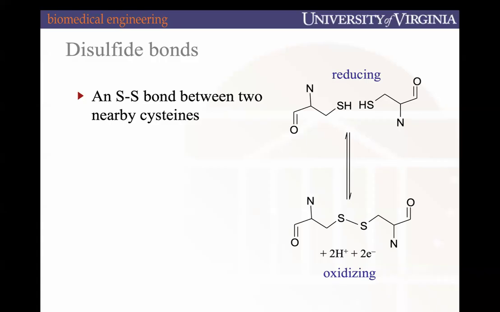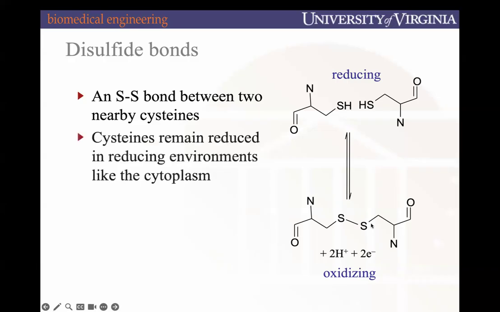And there's going to be particular explanations as to why that's favorable. But when we're in an oxidizing environment, where we're losing electrons here, there's going to be this disulfide bond that occurs. As an example of the environments in which that'll happen, these cysteines will remain reduced and not create a disulfide bond in environments like the cytoplasm.